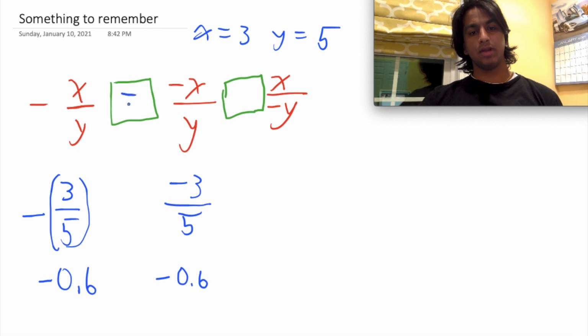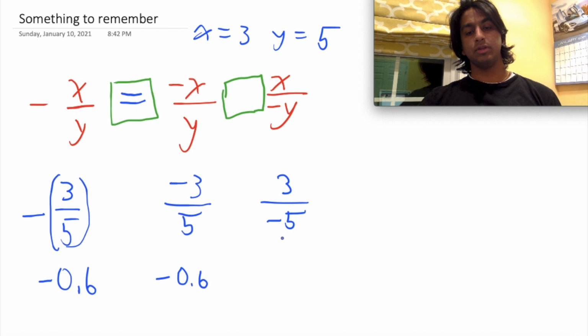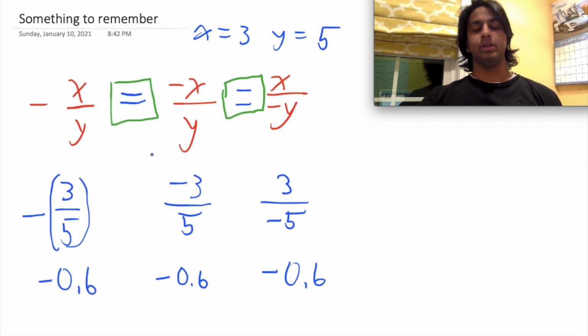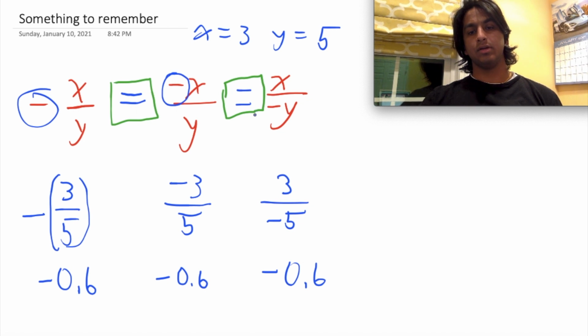So we know that there has to be an equal sign in here because these two are equal. Let's plug in the last one. 3/-5. Once you plug that one in, you'll also get -0.6. So all three of them are equal. So it doesn't matter where you put the negative. It doesn't matter if it's here, up here, or down here. It always will give you the same result.